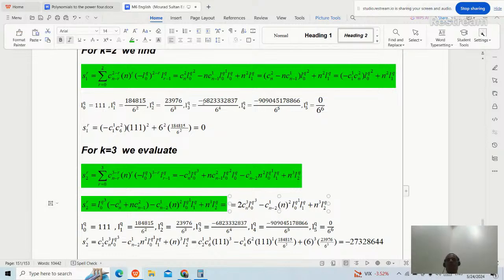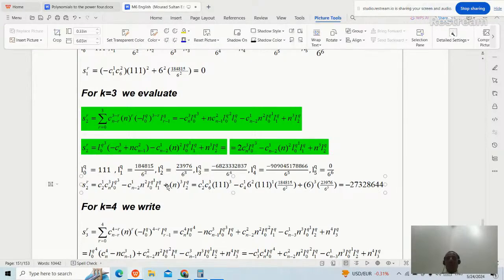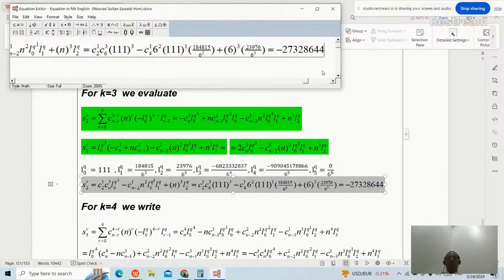So learners, it's clear that this formula was calculated while putting k equals 0. Our turn comes now to calculate this.